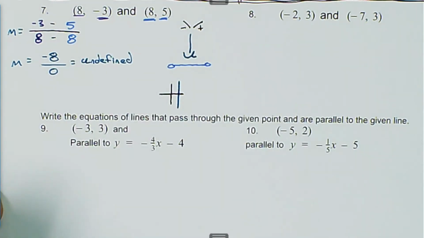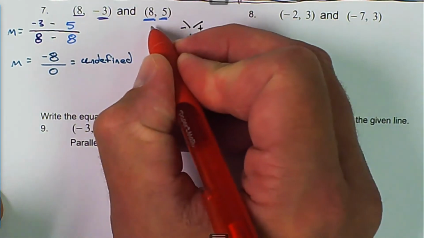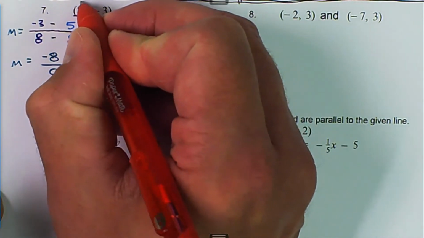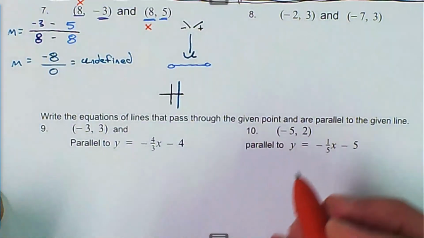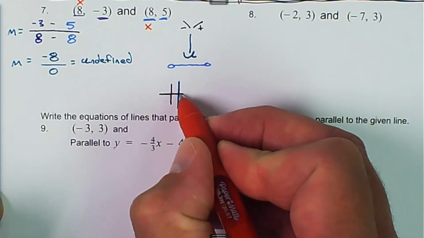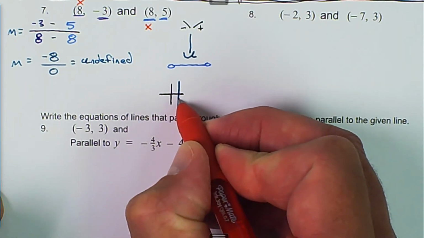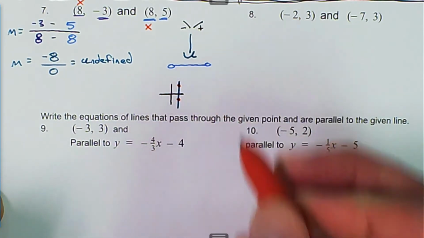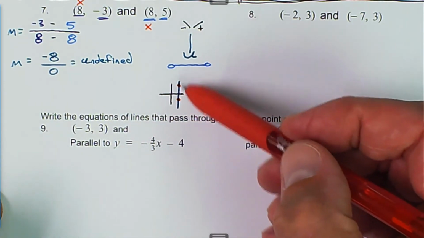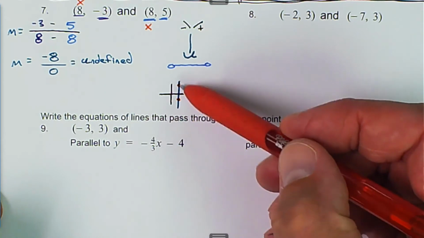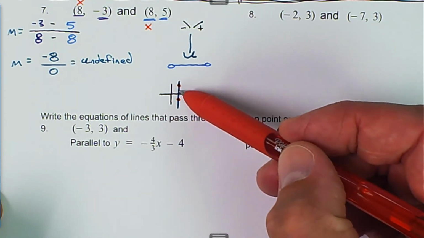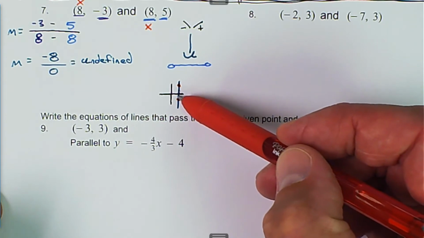So in this case, our X values are 8 and 8. So (8, -3) and (8, 5). The only thing that's always going to be the case is its X value is always going to be 8. So we have (8, 5), (8, 4), (8, 3), (8, 2), (8, 1), (8, 0), (8, -1).